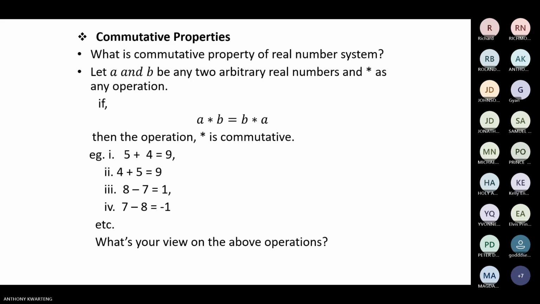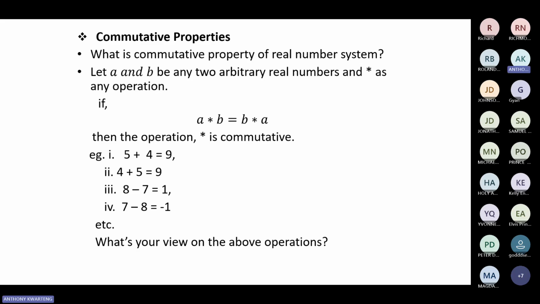Commutative. So whenever you are taking operations on real numbers, some of the operations will be commutative, not all of them. Some will be commutative, but others will not.